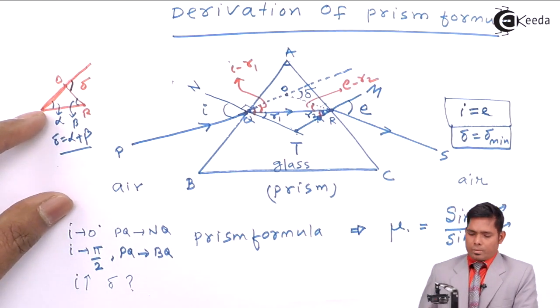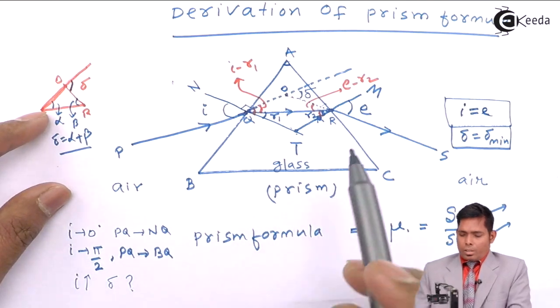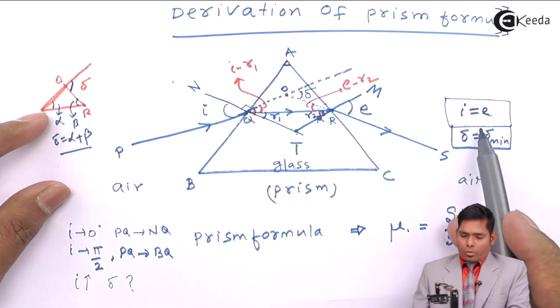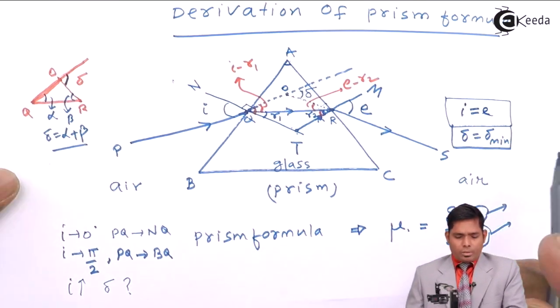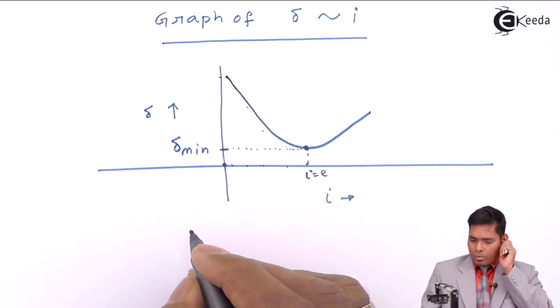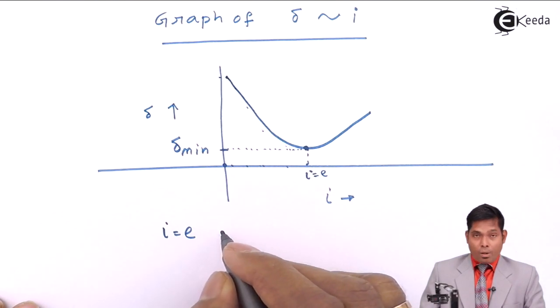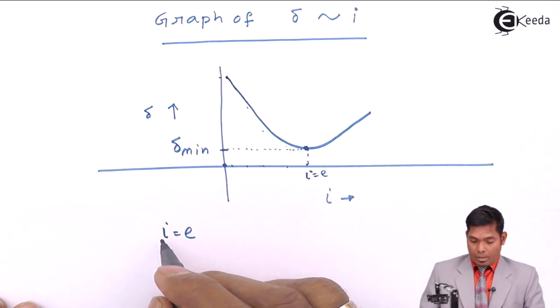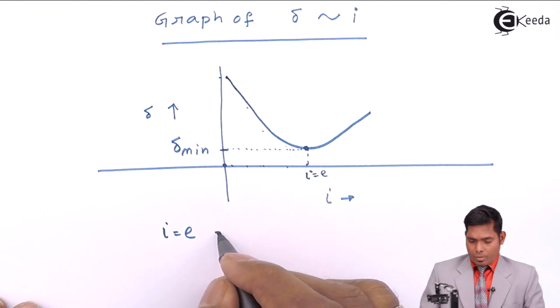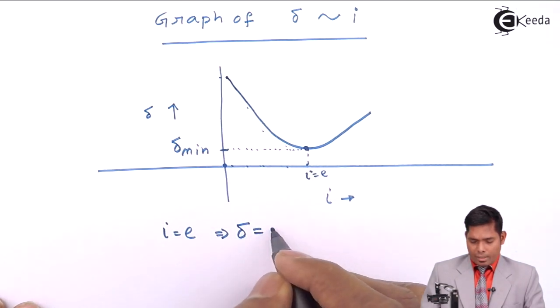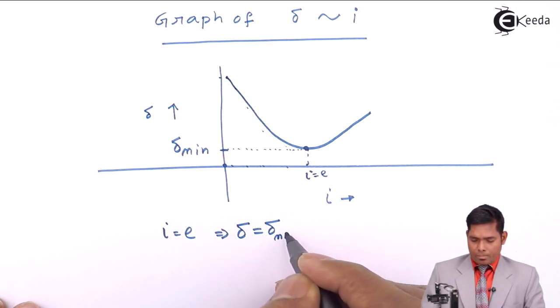This is the thing. So if you put this condition in an equation, I becomes E. It is found from the experiment that when I is E implies delta is delta minimum.